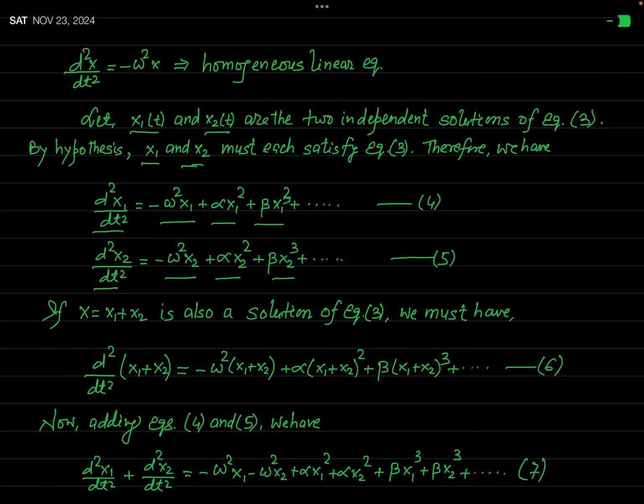Actually, it is interesting to find out whether or not the superposition of x1 and x2, defined by the sum x equal to x1 plus x2, satisfies the same equation of motion. So we shall assume that it does, and then arrive at a contradiction.